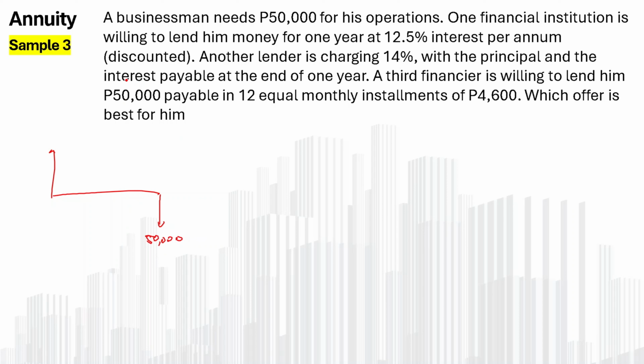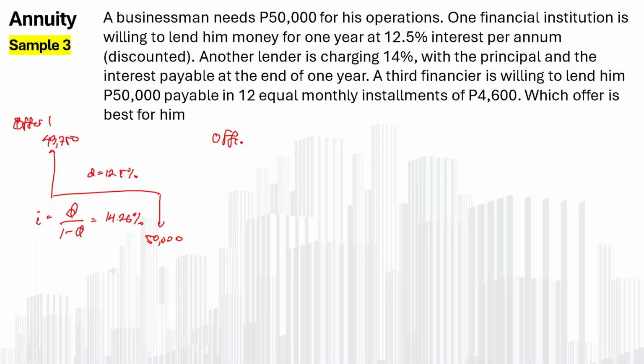If you get 12.5% interest of 50,000 less that of the principal, you will receive 33,750. And you have a discount rate of 12.5%. You can get your net interest rate by dividing d over 1 minus d, which would give you somewhere along the lines of 14.26%. So this is your offer 1.